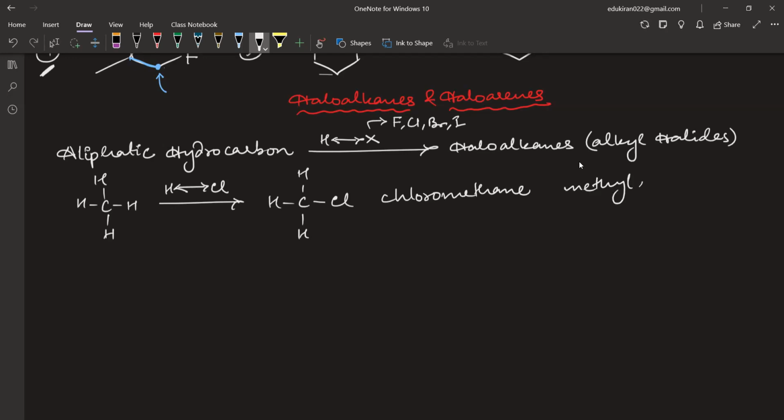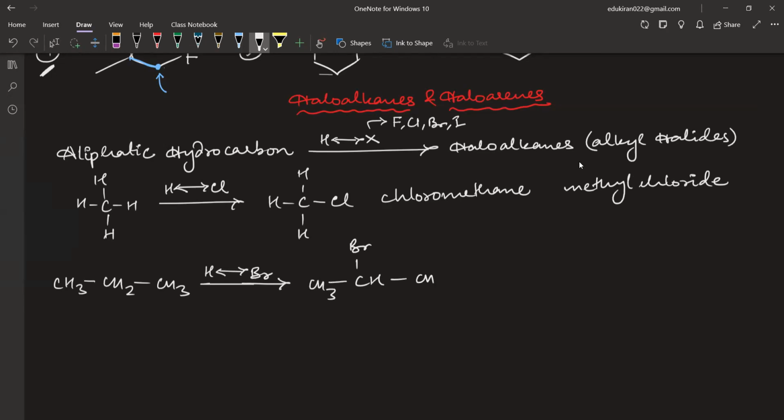Similarly, you can also have CH3, CH2, CH3. Here also we can exchange any one of the hydrogens with any one of the halogens. Let us take Br here. I am exchanging the middle one, so you will have CH3, CH, with the Br on the second carbon, followed by CH3.